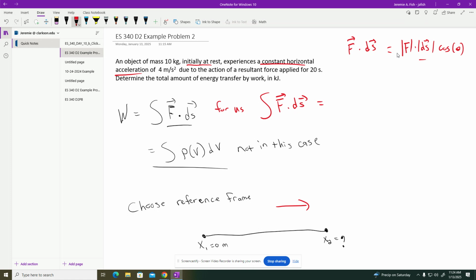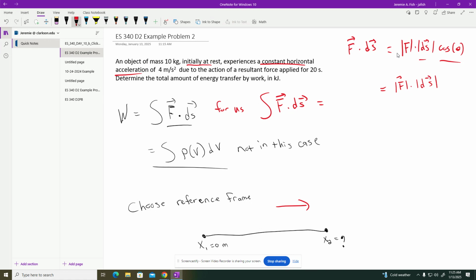Cosine of 180 degrees is -1. But in this case, the angle between the force and the displacement vectors is 0 degrees. They're exactly, perfectly parallel. And that means the cosine of 0 is just plain 1. So this is just going to be the magnitude of the force times the magnitude of the ds vector.